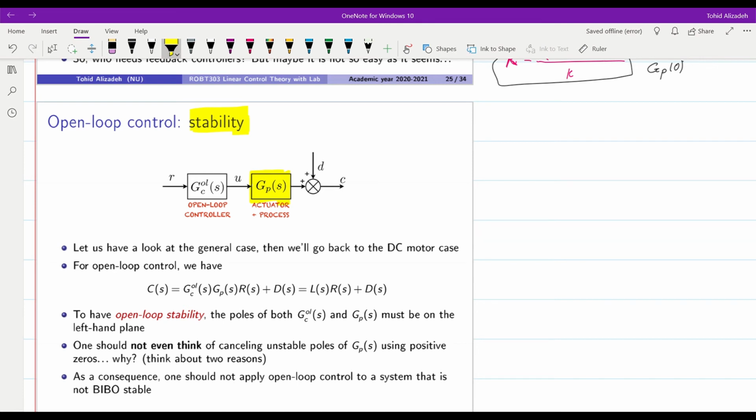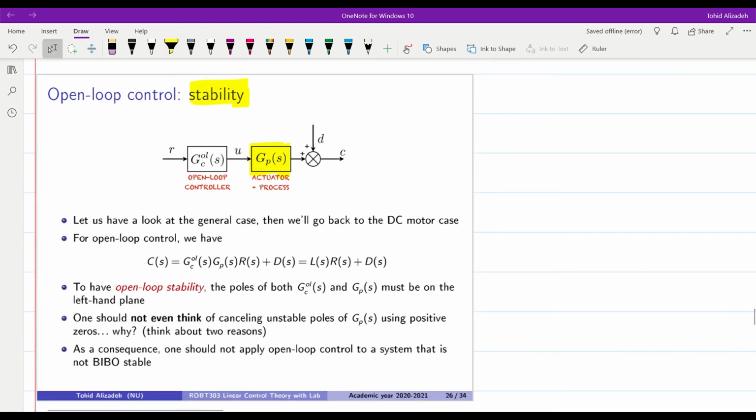When we want to have the control system, we want the overall system to be stable. And here we can see that by the introduction of open loop controllers, we cannot stabilize our overall system, because we cannot move the poles of the transfer function for the whole system by introducing an open loop controller. While, as we will see later, this is possible by introducing closed loop controllers to our system.